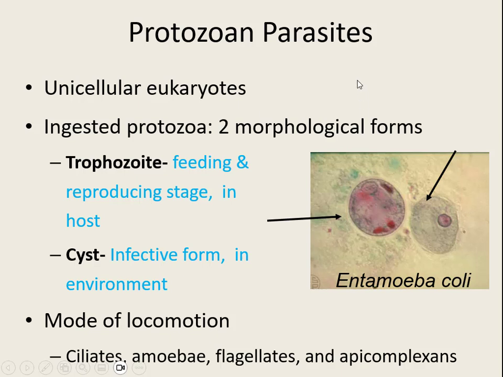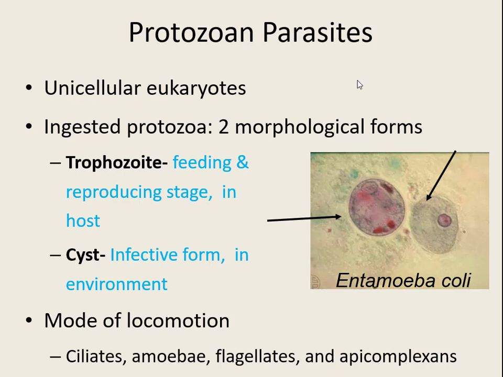Our very first group are protozoan parasites. They are all unicellular eukaryotes. So they are eukaryotic cells, an advanced cell, but they are still single-celled organisms. When they are ingested, there are two possible forms that they can be found in.